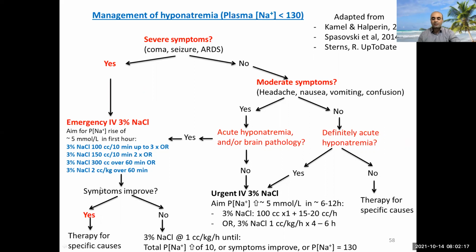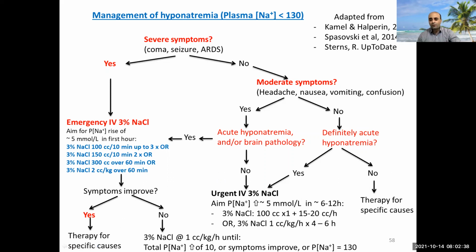We can also multiply the desired sodium rise by the body weight, as we discussed before, and give this amount, two-thirds in the first hour and the remainder over the next 30 minutes. If symptoms improve, stop therapy for now and search for the cause of the hyponatremia.